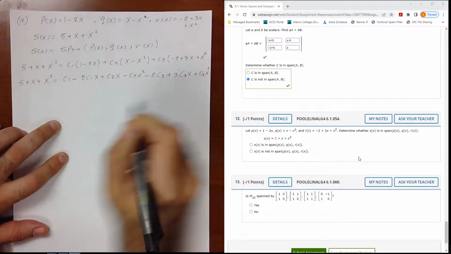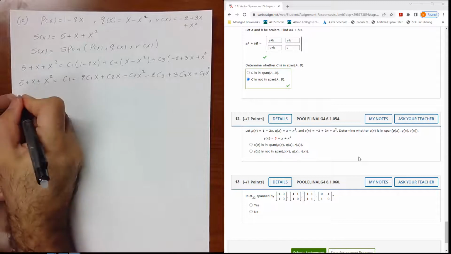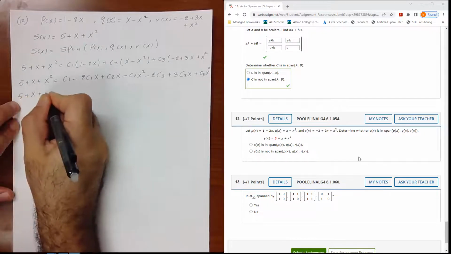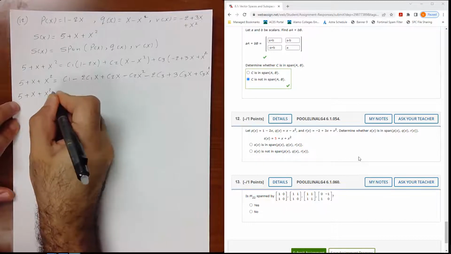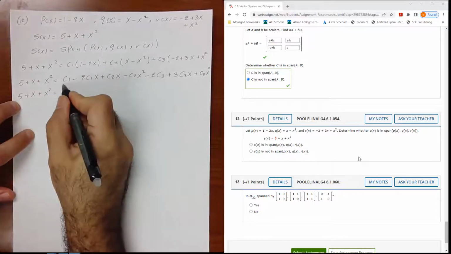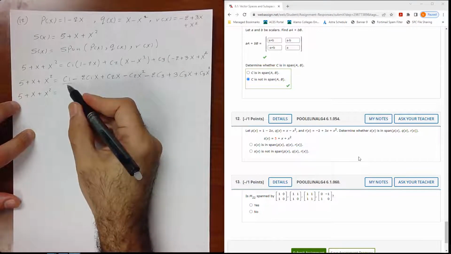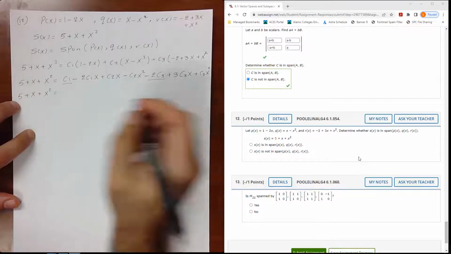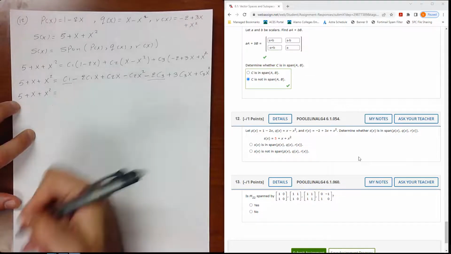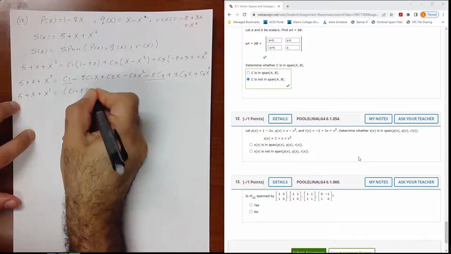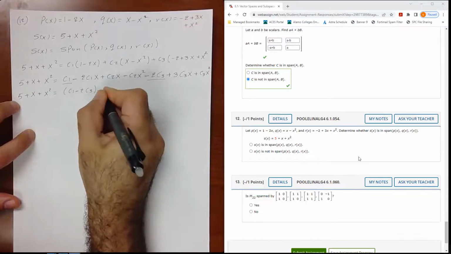Now we're just going to combine the terms: the constants, the coefficients with the x, and the coefficients with the x squared. The constants are C1 - 2C3.